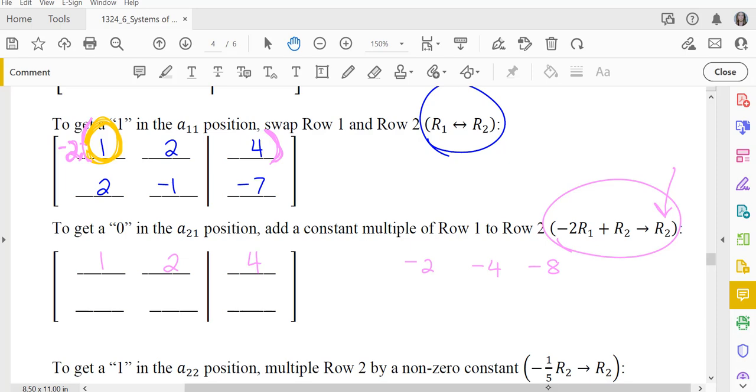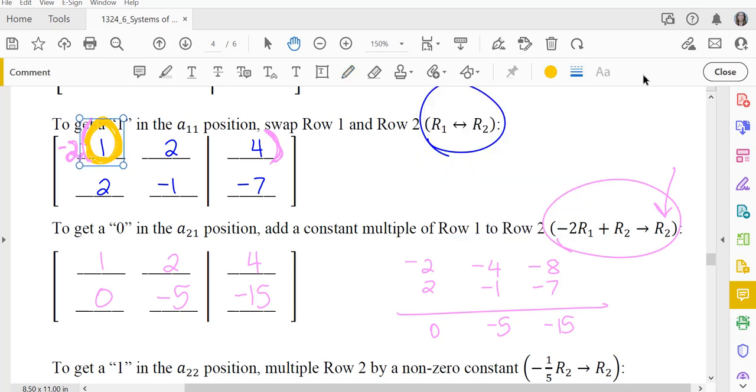I want to add that to row 2. 2, -1, -7. If I add those two rows, I get 0, -5, -15. That's my new row 2. To summarize, what have we accomplished?